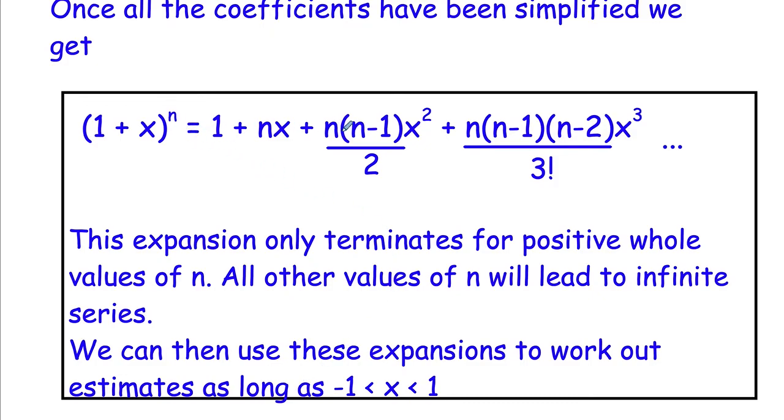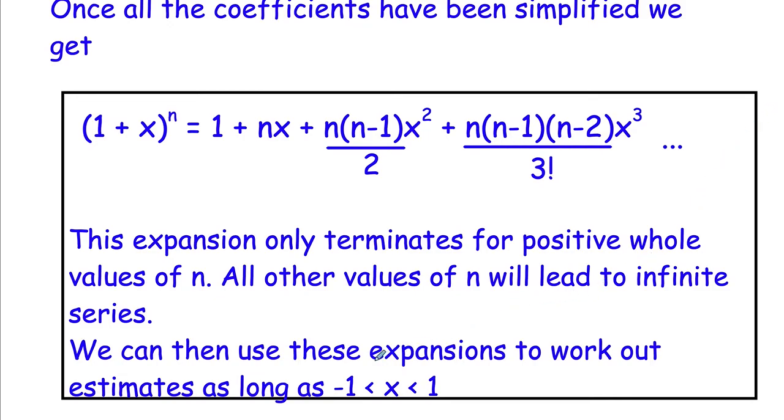So we can use these as estimates and stop early and only work out 3 or 4 terms when x is a number between -1 and 1, and that's so that large powers of x become really tiny, become negligible, and so won't contribute much to the estimate.